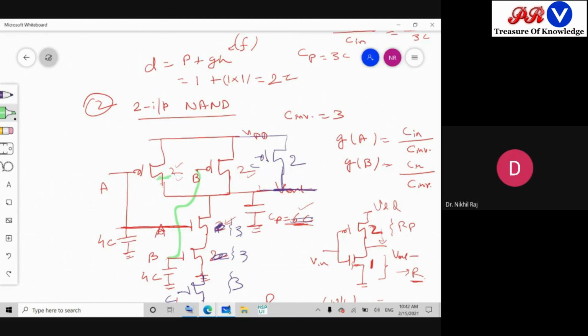This one, and this one. So 2 plus 2 plus 2 is 6, and the bottom single MOSFET, because these two are not in direct contact, gives 3. So 2 plus 2 plus 2 plus 3. So how much is it?